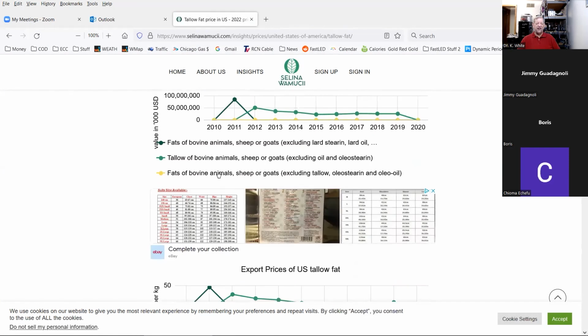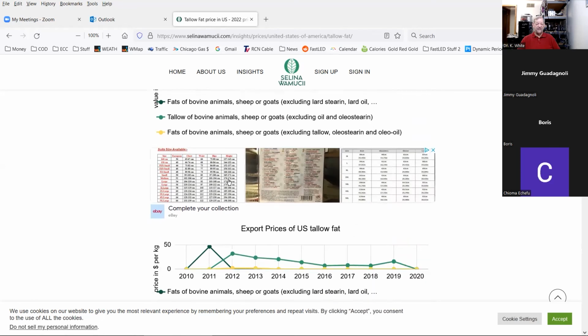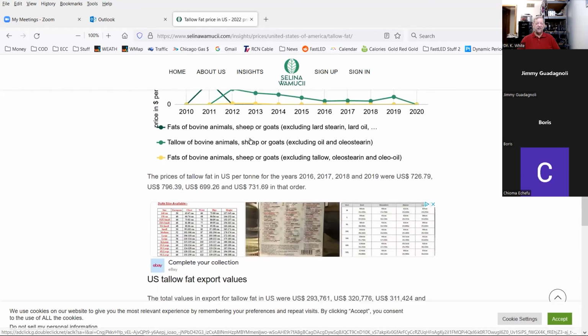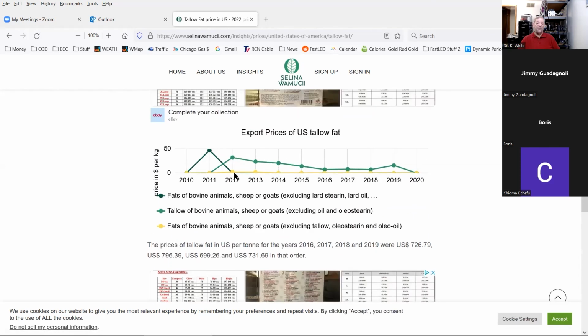And here they have different types of fats from different animals. Mainly, I've never seen sheep or goat's fat, but tallow, and you can't see it, but here's tallow. It's come down from, I remember 2011 was super high, and you paid for that. But anyways, that's a very important chemical, both of those.